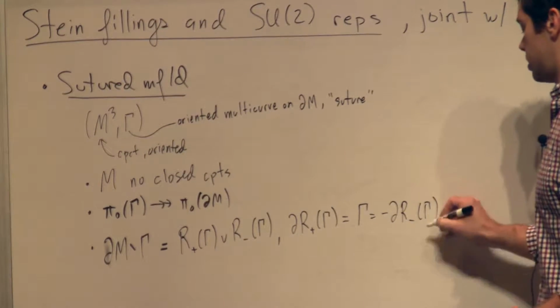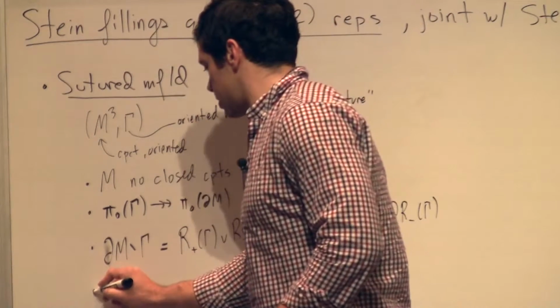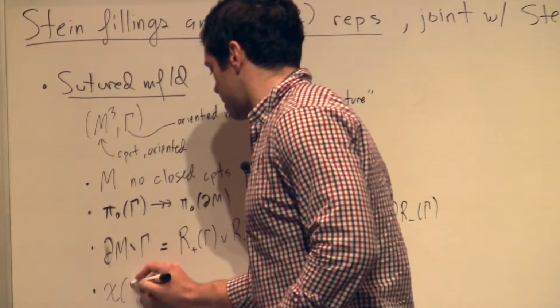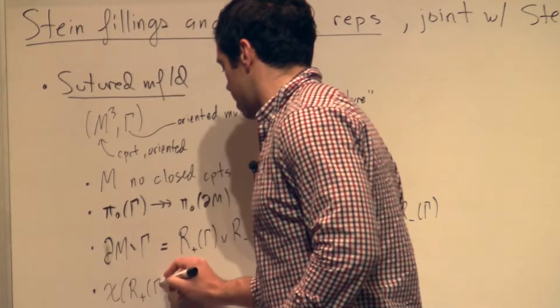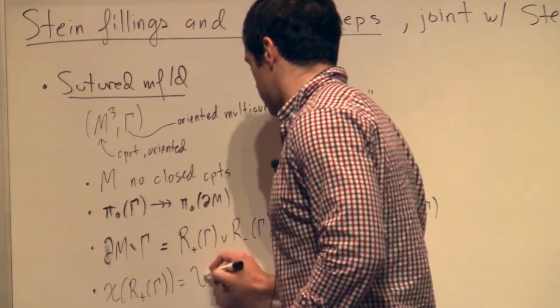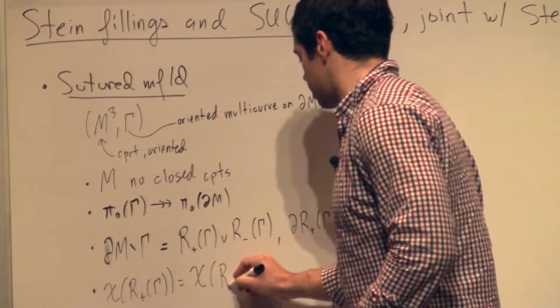And the last condition is the so-called balance condition, which is that we want the Euler characteristics of R plus and R minus to be the same. And I'll explain later why this is an important condition.